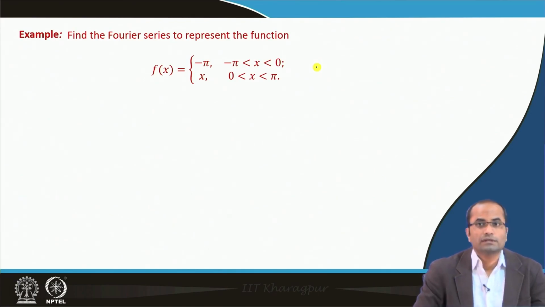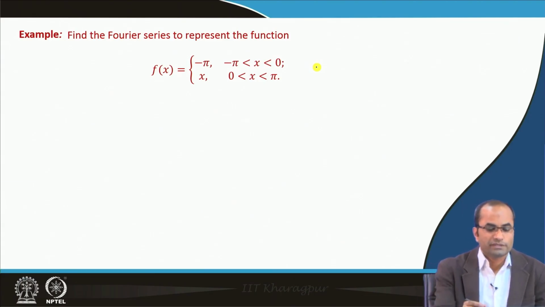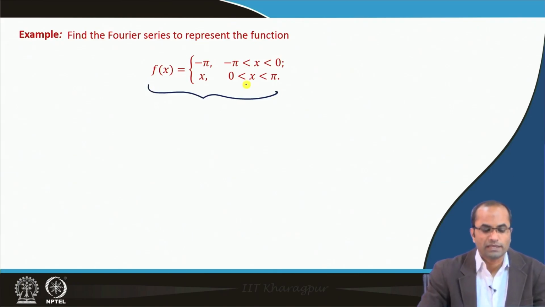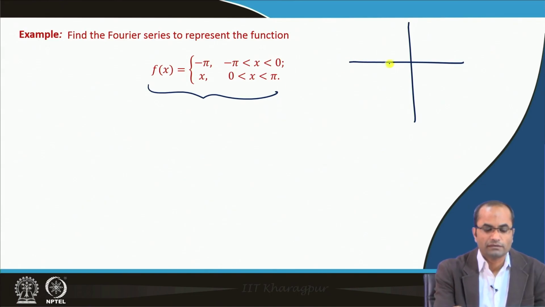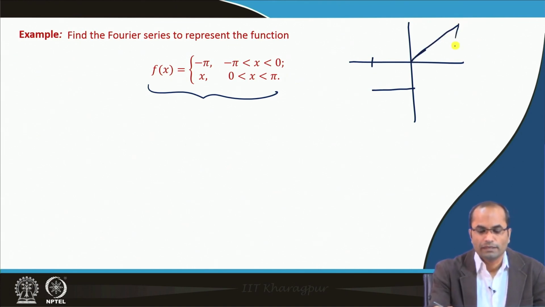So, now some examples. The first one, we want to find the Fourier series to represent this function. For instance, f x is given as minus pi in the range minus pi to 0. So, this is the function, and then from 0 to pi the function is given by x.